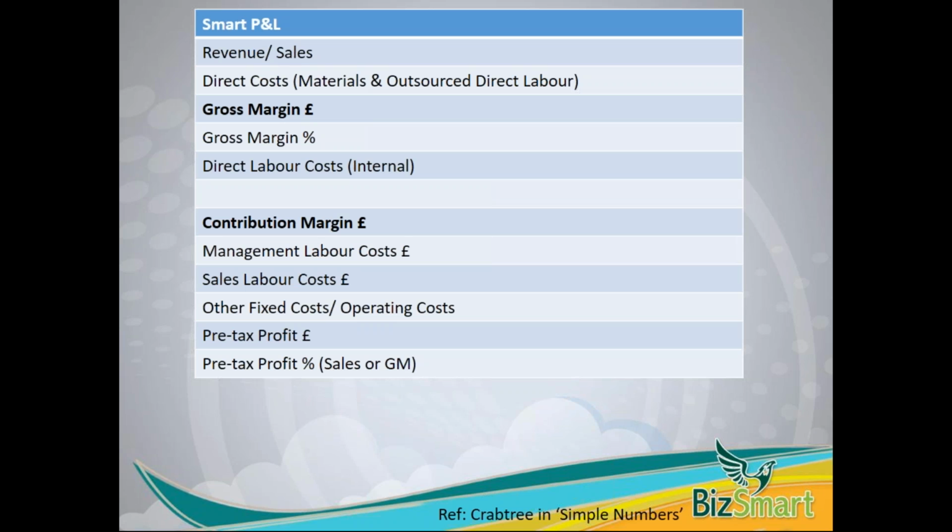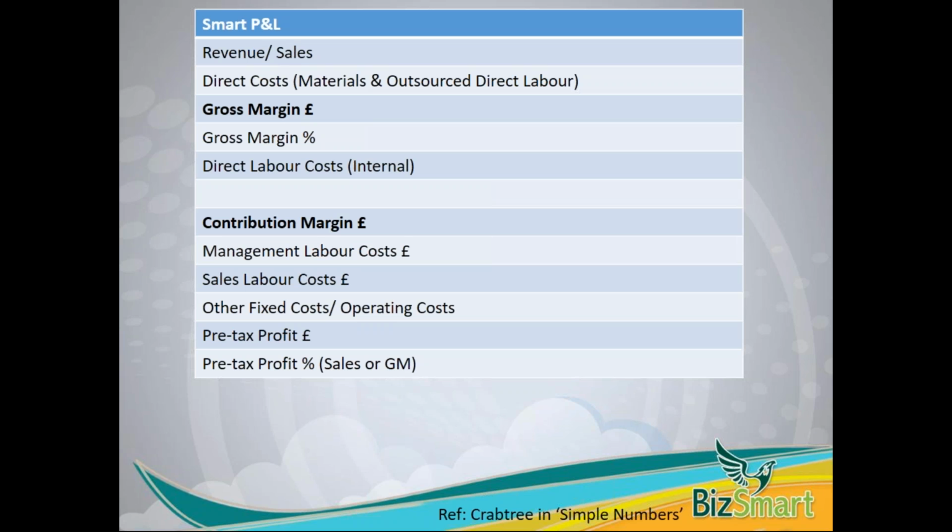So then we're down to our pre-tax profit, and as I said before, we report the percentage as a percentage of the sales, or percentage of gross margin, depending on what kind of business we're in. So it's not very much more complicated, and as I mentioned before, within there we will be treating our owners' salaries in the correct way with the market rate.